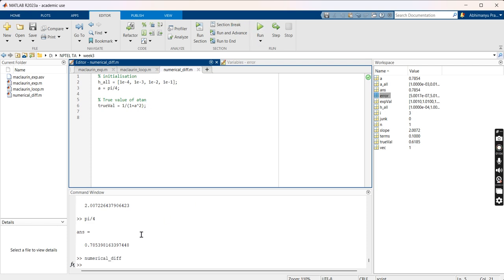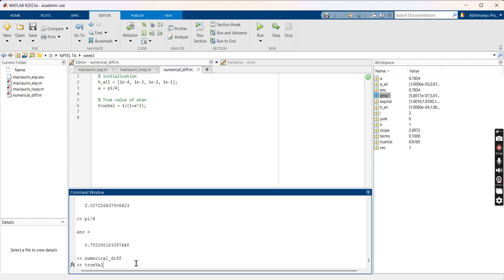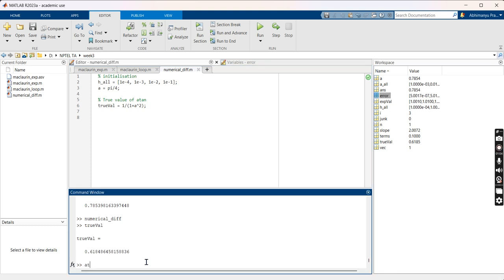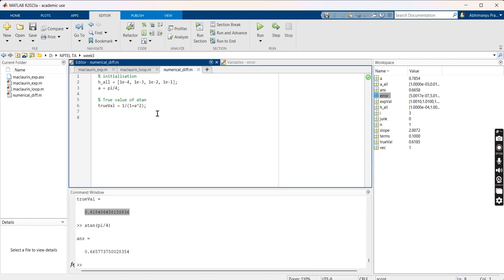If I try to run this, my true value is this, and this is the approximated value.